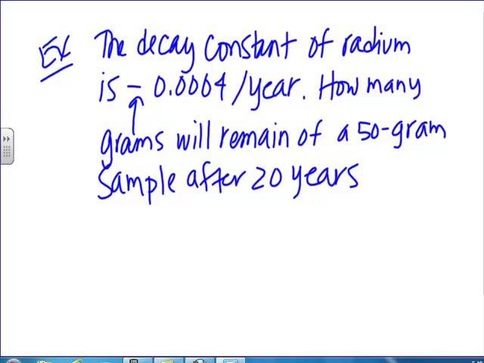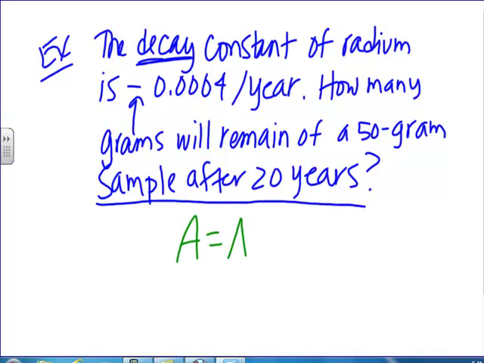Notice there are no words about continuous, but you need to realize this whole concept of decaying. It's an element like radium, and it doesn't just decay once a year, it continuously decays. It's like a banana that you sit on the counter that starts going bad. It doesn't happen all of a sudden, it happens continuously. So even though it doesn't say it directly, this is a situation where we want to use this equation.